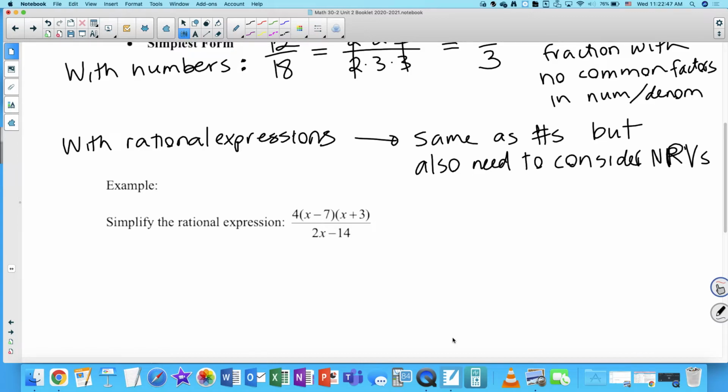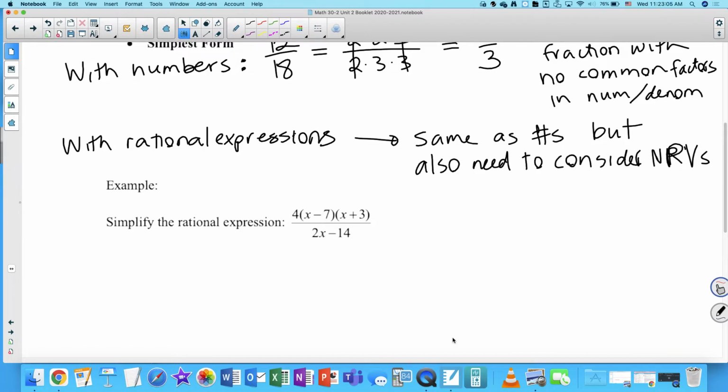Okay? So when I look at the numerator, that has already been factored. And in fact, in this course, if one of the polynomials happens to be a trinomial when it's expanded, it will always be given to you in factored form like this one is. Okay, so that piece is done.